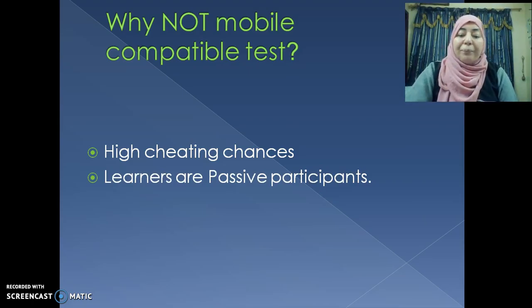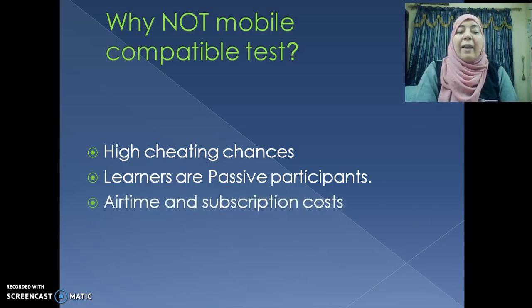They just receive the assessment, answer it, and submit it. There is no control or participation in the content of the test, or they are not involved while creating this kind of test. The last thing is the airtime and subscription costs, which is not only for the mobile compatible test, this is for most of the online materials.